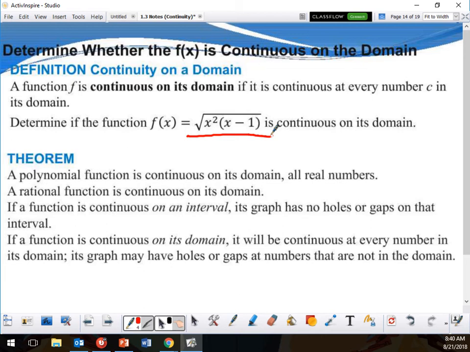If a function is continuous on its domain, it will be continuous at every number in its domain. Its graph may have holes or gaps at numbers that are not in the domain. So if I'm only looking at the domain of this, I'm okay. But if I try to graph negatives for some reason, you would end up with a mess: imaginaries.